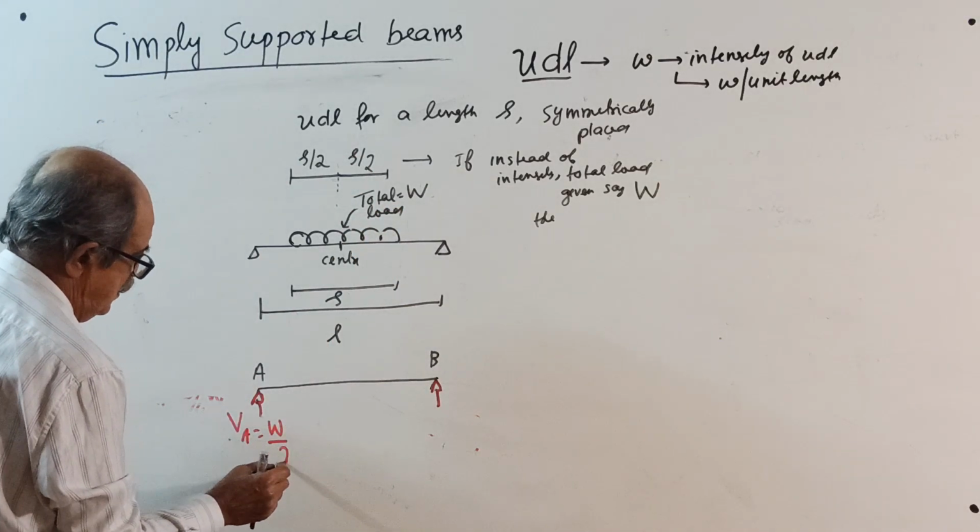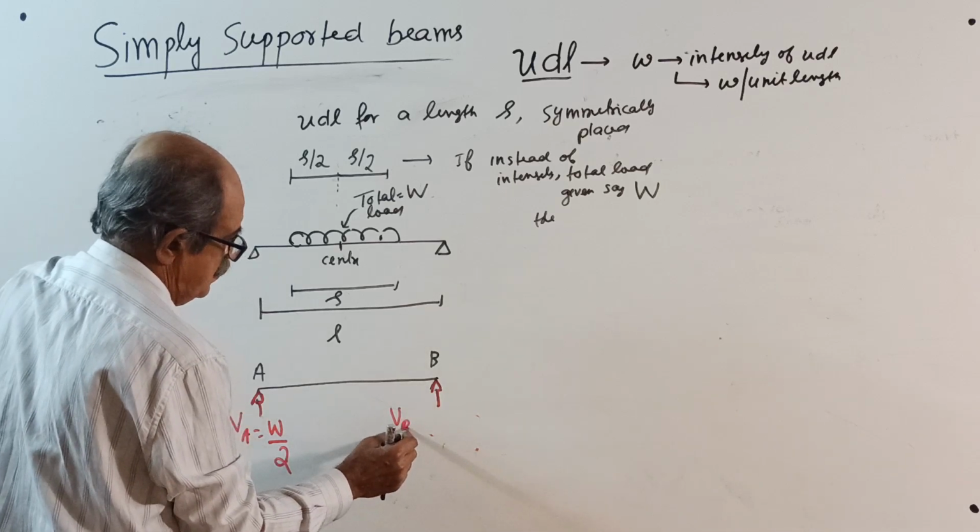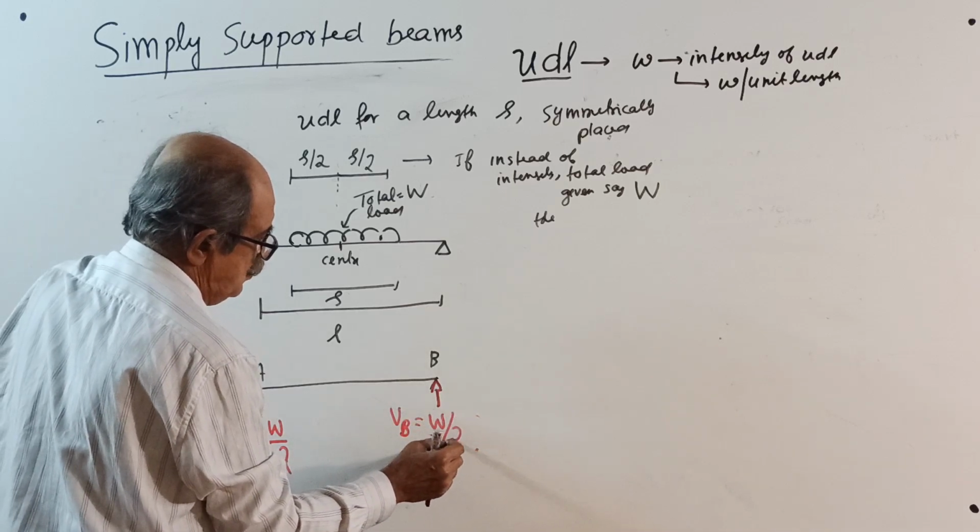VA equal to W by 2, VB equal to W by 2 over.